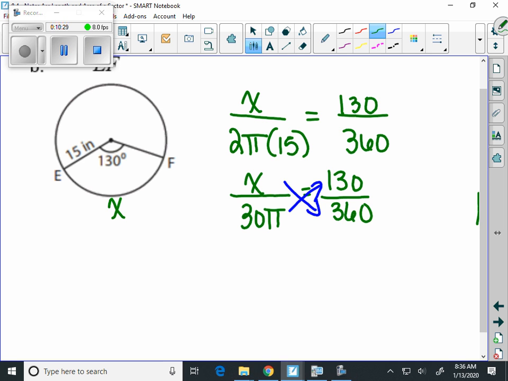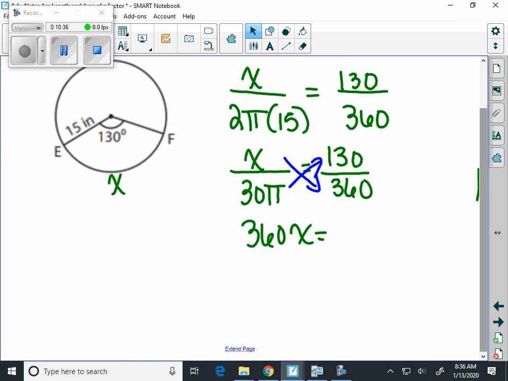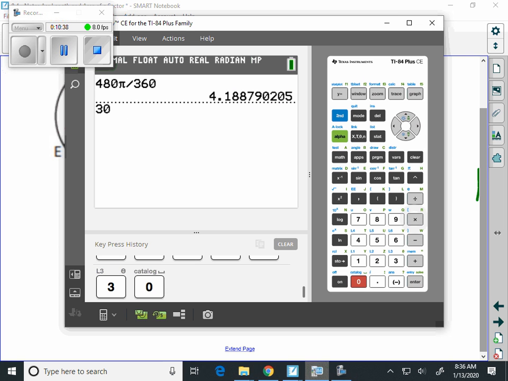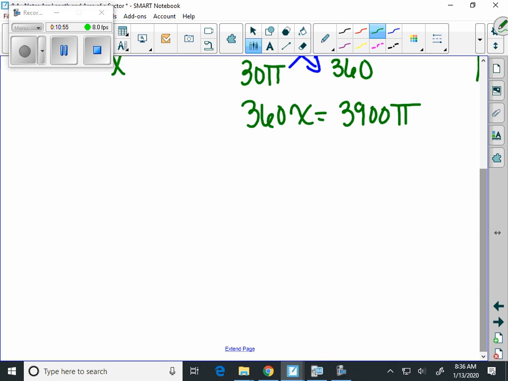And when we do, we get 360x, and I don't really need to do it, but 30 times 130 is 3,900 pi. But we want to find x, and we want to round it to the nearest hundredth, which is 2 decimal spaces.